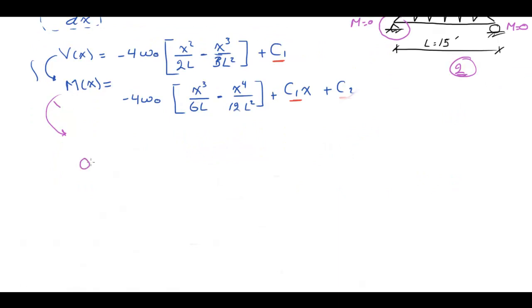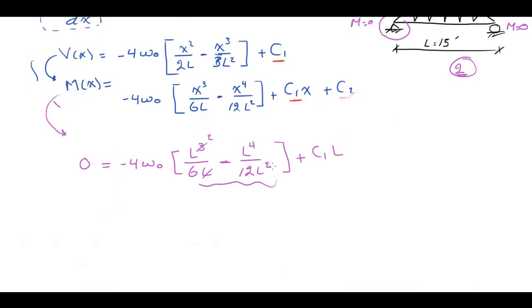So I have 0 equals minus 4 W naught, L cubed over 6L minus L to the 4 over 12 L squared, plus C1L. Let's try to finish this one off. So it's L squared, and this one is L squared. Nice.